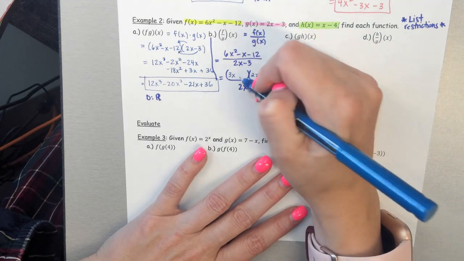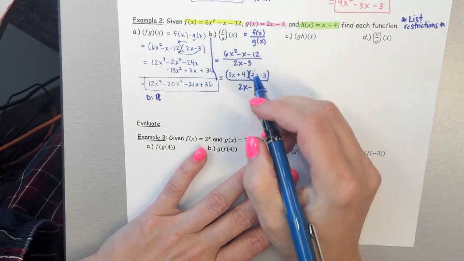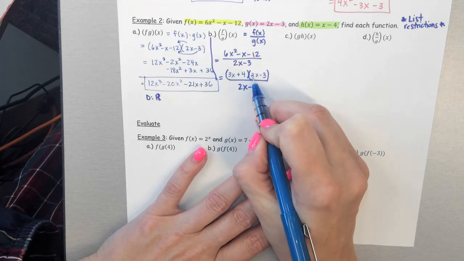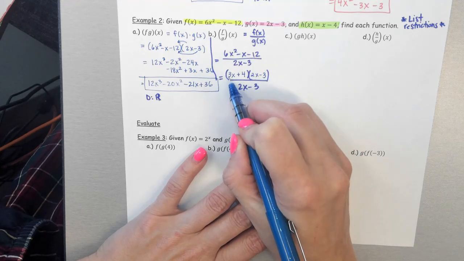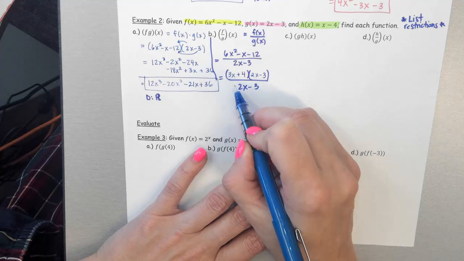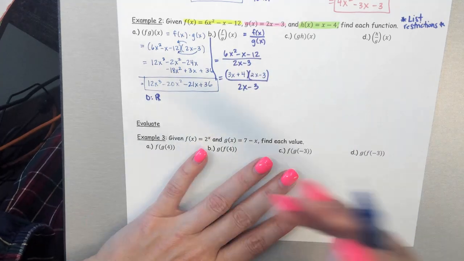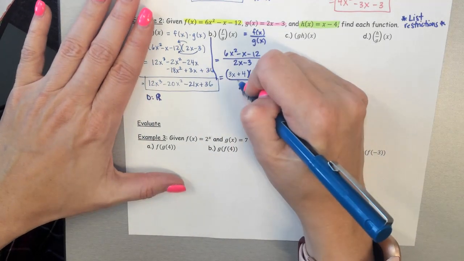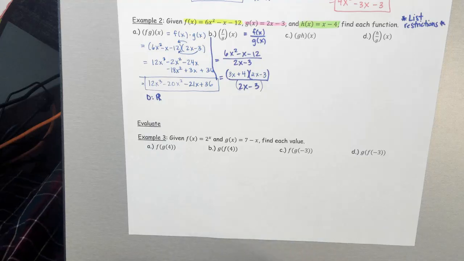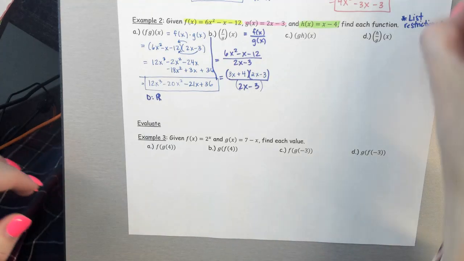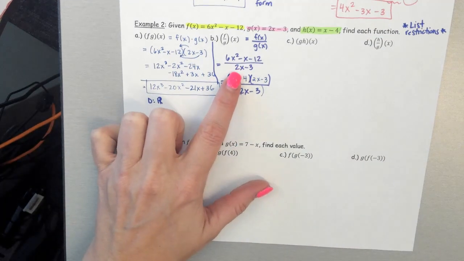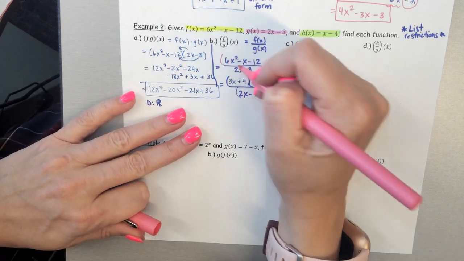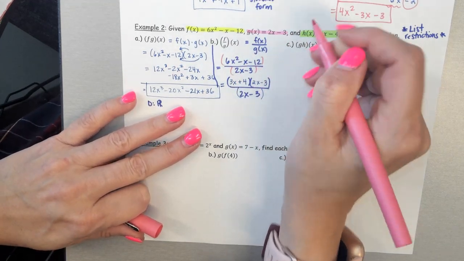Positive 4. Okay, so let's see if that works. So 4 times 2 is 8. Negative 3 times 3 is negative 9. Negative 9x plus 8x is negative x. Yay, that works out.